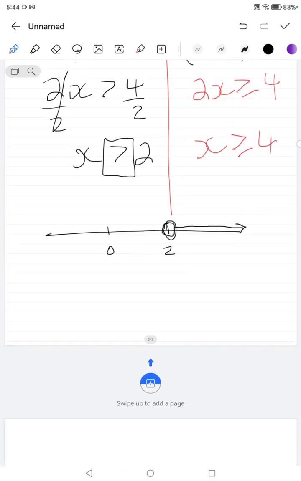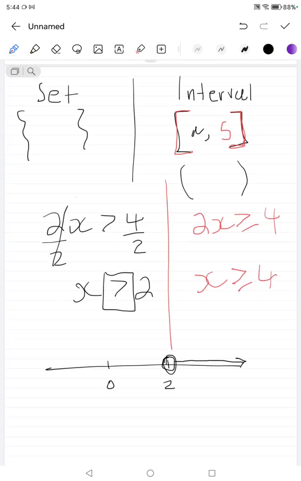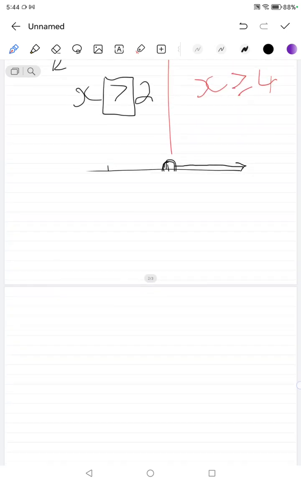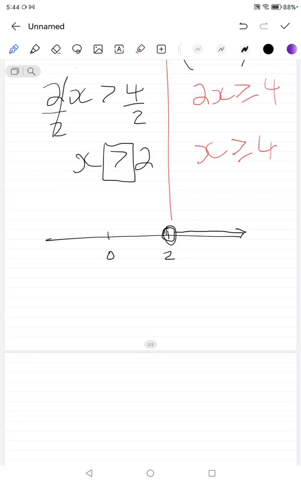So now if we're going to be drawing a number line for that one, it means we're still going to have the same thing, 2, but now our 2 is going to be shaded because now our 2 is also included. So now you're going to be having 2 and all the answers going to positive infinity.